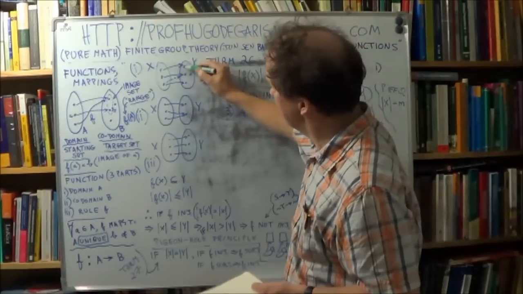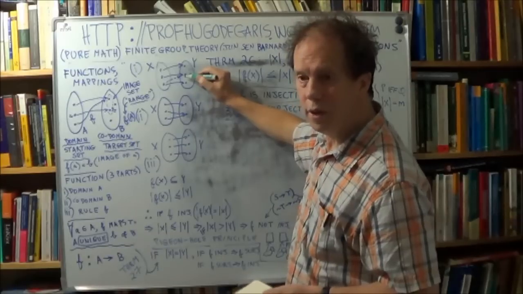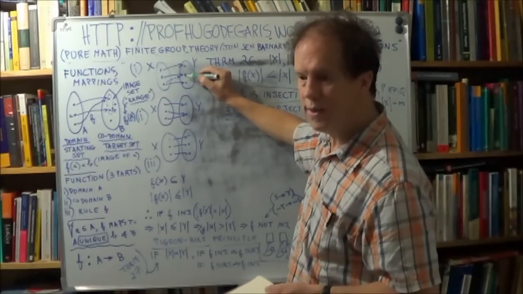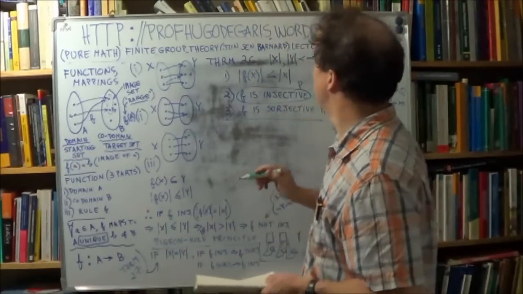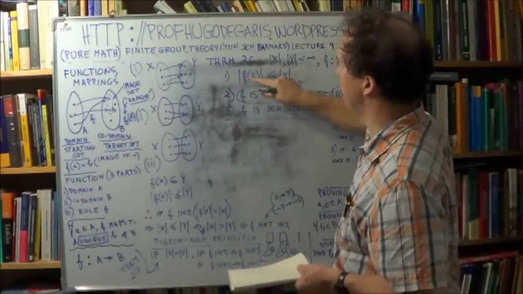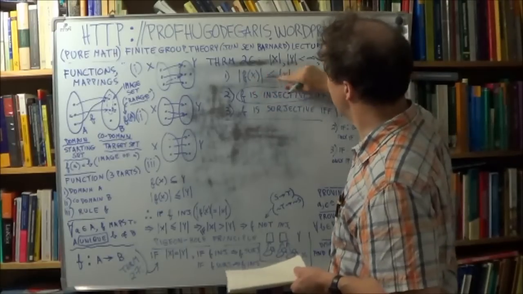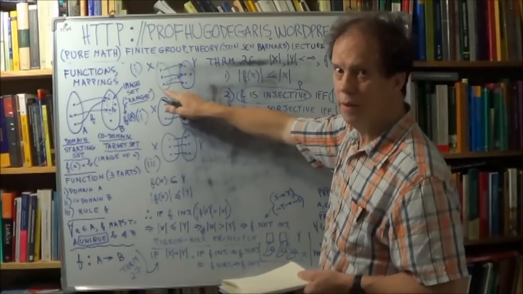So that means the number of your images, or if you like, the size of your image set, or range, goes down. Now, we said before that the maximum size of your image set was equal to the size of your domain.